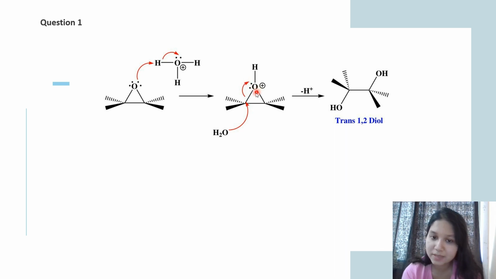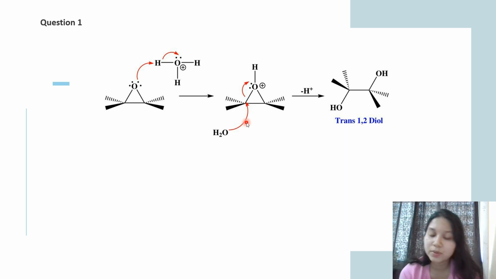So this gets neutralized because the arrow is coming to the positive charge, whereas this oxygen atom of the water molecule is giving its lone pair of electrons to open up the ring. So firstly you will get a positive charge on this oxygen of the water molecule and also neutralize this oxygen. So in this position, first you will get a hydroxyl group due to opening of the epoxide ring. But at this position you will have OH2, where oxygen will have a positive charge initially.